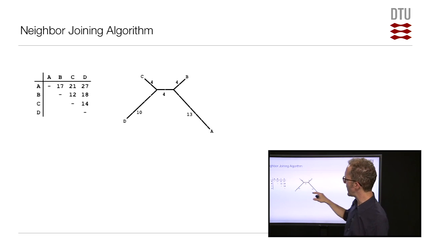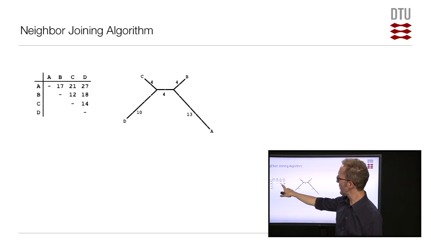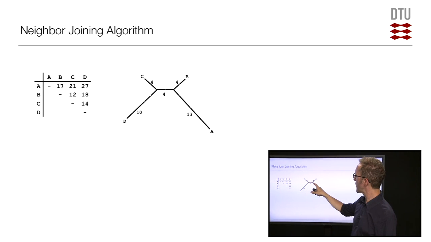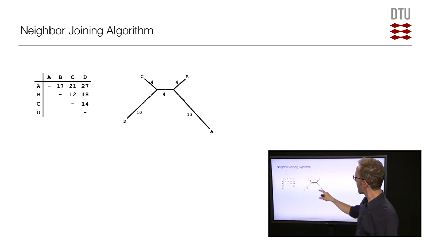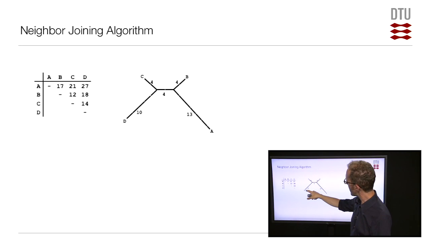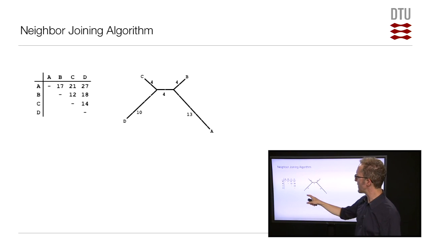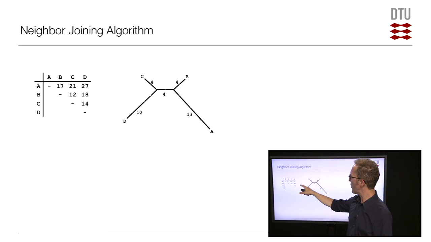The distance from A to D is 27: 13 plus 4 plus 10, that's 27. Distance from B to C, 4 plus 4 plus 4, that's 12. That also fits. Distance from B to D, 4 plus 4 plus 10, that's 18. And finally, the distance from C to D, 10 plus 4 is 14.